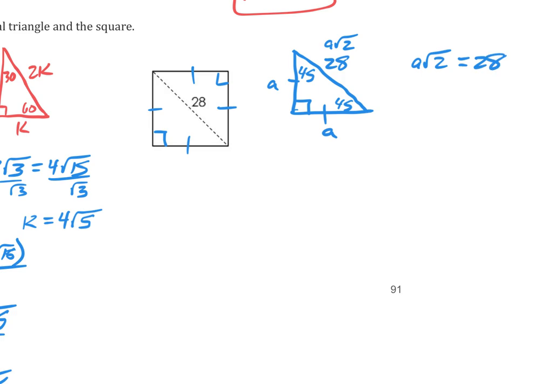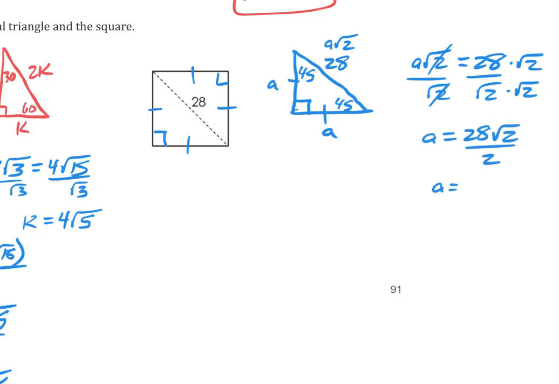To get A by itself, we're going to divide by radical 2. And then I'm going to multiply by radical 2 on top and bottom, which is 28 radical 2 over 2, which is 14 radical 2.